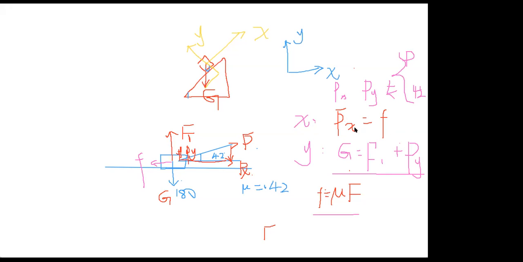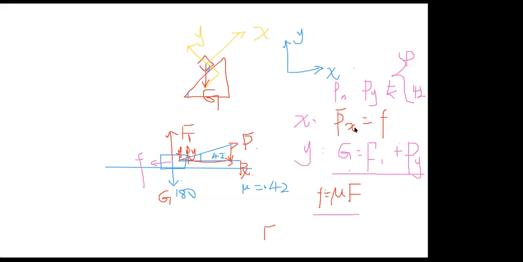So the Px is going to be equal to the force of friction, and we know what the force of friction is, and we know that Px is P cosine of 42. P cosine of 42 is equal to this force of friction, which is the mu F. And so then we divide both sides by cosine of 42, so that gives us P by itself.